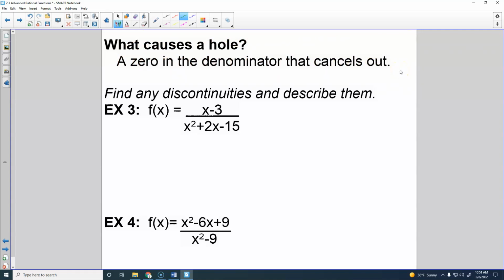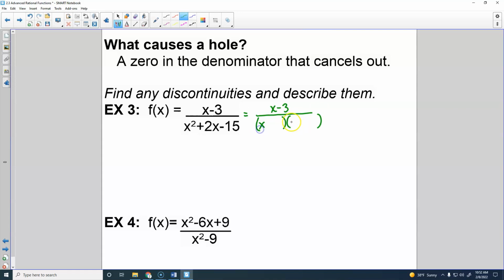So let's look at what this looks like. I'm always worried about the denominator. The denominator is where I'm going to have discontinuities. So for every problem, we're going to factor the denominator and the numerator, although in this case, the numerator does not factor. So our denominator, we're going to factor it.